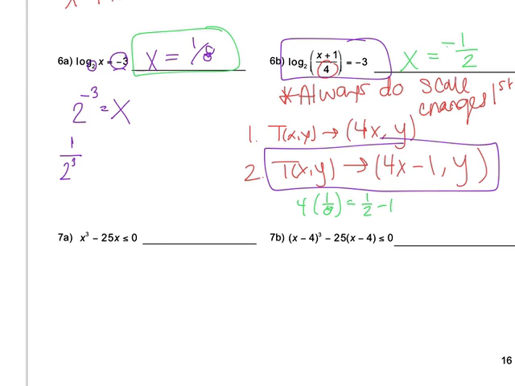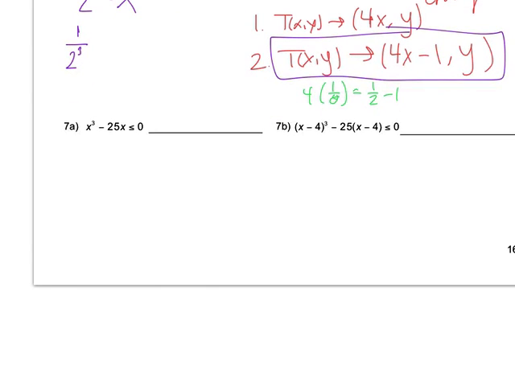Okay, and our last example, x cubed minus 25x is less than or equal to 0. First thing I would do in solving that is factor out my greatest common factor of x. And then you've got x times x squared minus 25.